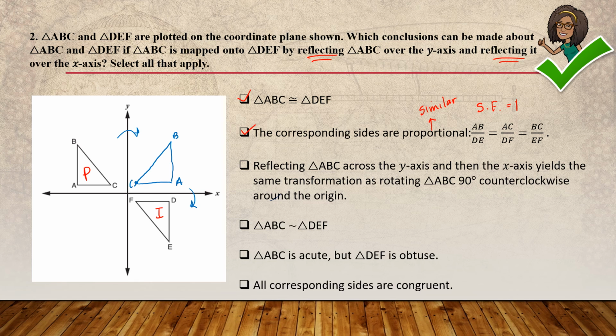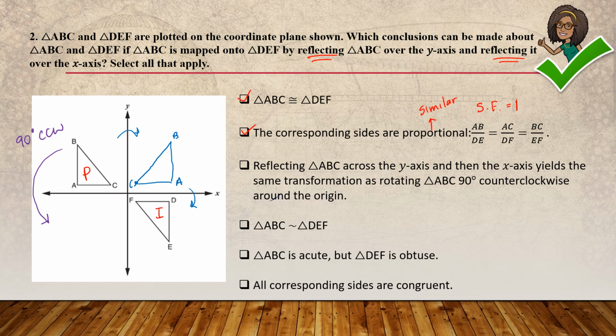The next one says reflecting ABC across the x and y axis yields the same transformation as rotating ABC 90 degrees counterclockwise. So remember, 90 degrees counterclockwise is going to the left. So we're going from the second quadrant now to the third quadrant by 90 degrees counterclockwise.